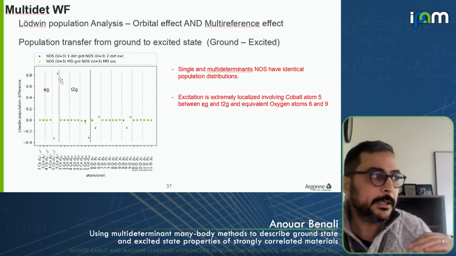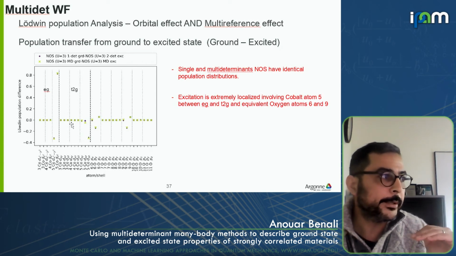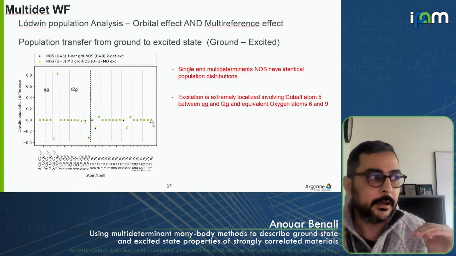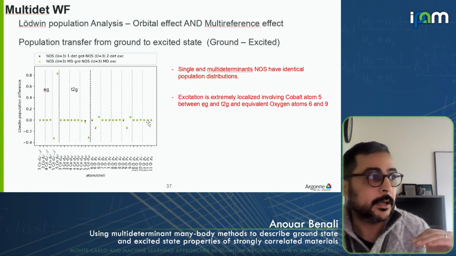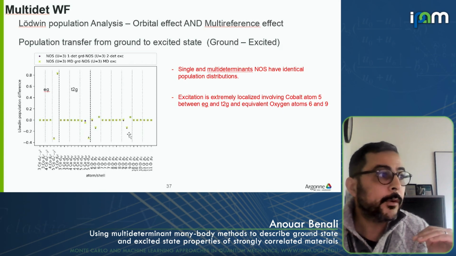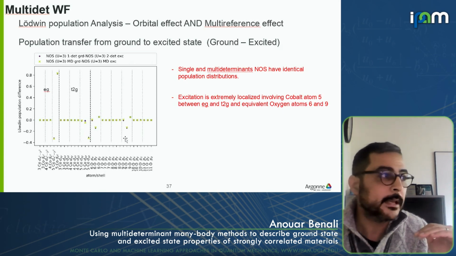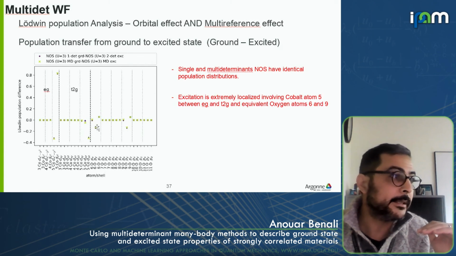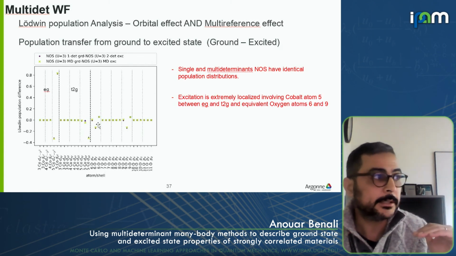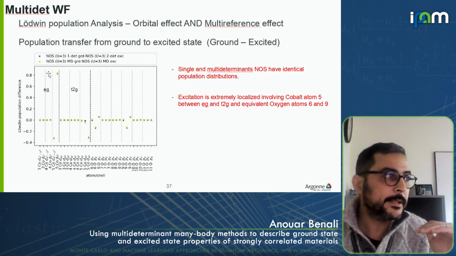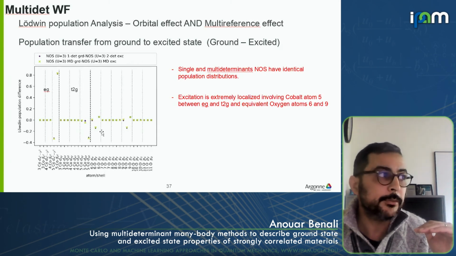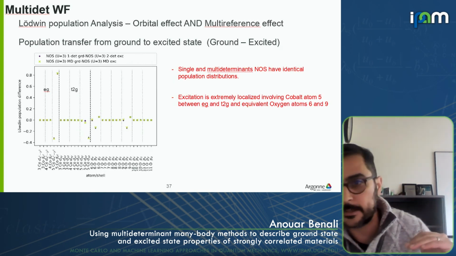This is extremely localized, and we can really pinpoint that all the other shells are not participating. We have participation from the PY that we have this hybridation still that happens between the PYPZ of the oxygens, but mainly the contributions here we have the EG that recovers some electrons here, T2G recovers electrons, and the EG is giving them here.